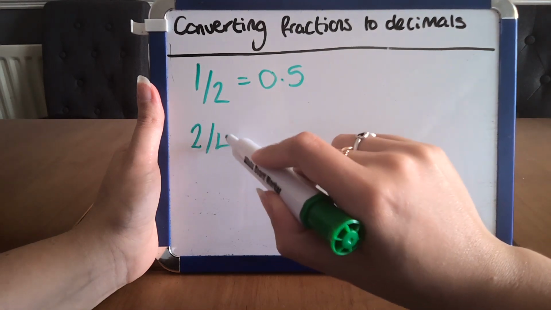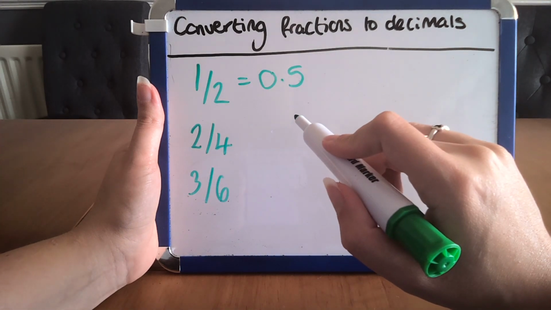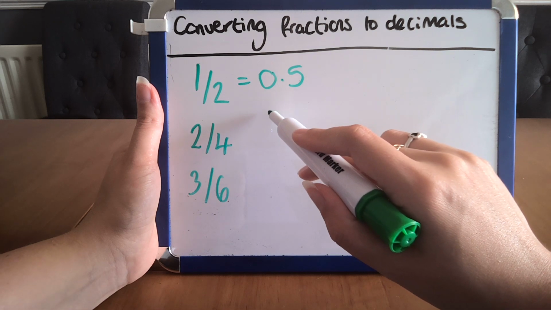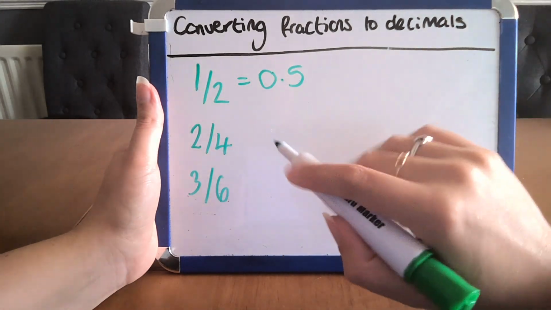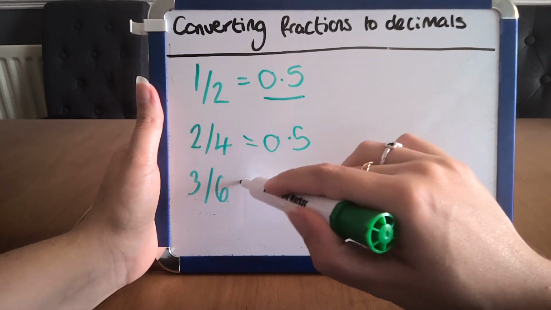So 2/4, 3/6. There are tons, to be fair. I can't think of any more off the top of my head. These will all have the decimal value of 0.5 as well.